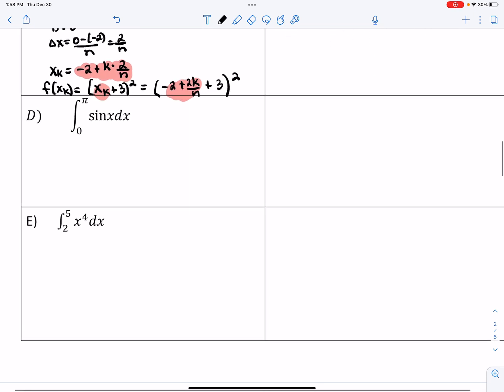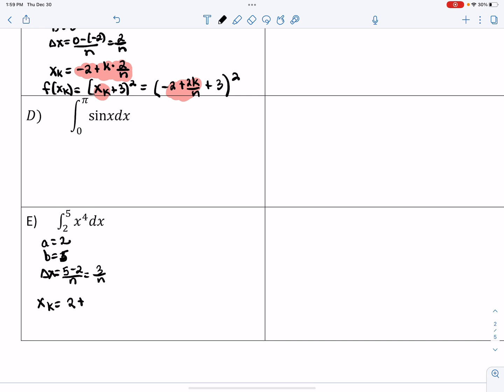And let's do e together. So a here is 2, b is 5. So delta x is 5 minus 2 over n, that's 3 over n. Our x sub k would be a, that's 2, plus k delta x.